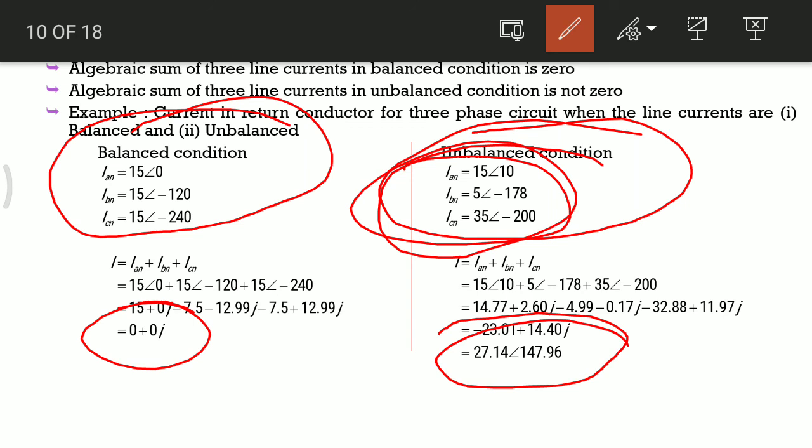Whenever you want to detect grounding or leakage current, at that time you closely examine this neutral current. If some neutral current flows, it means that the condition is unbalanced, or some leakage or grounding problem is present in the system. And at that time you can also see in your home, people install an ELCB, an earth leakage circuit breaker.